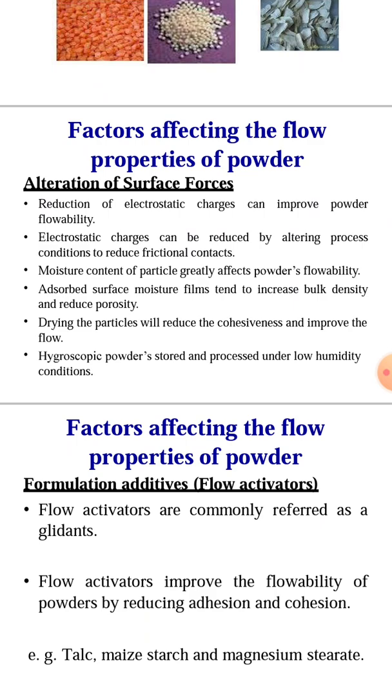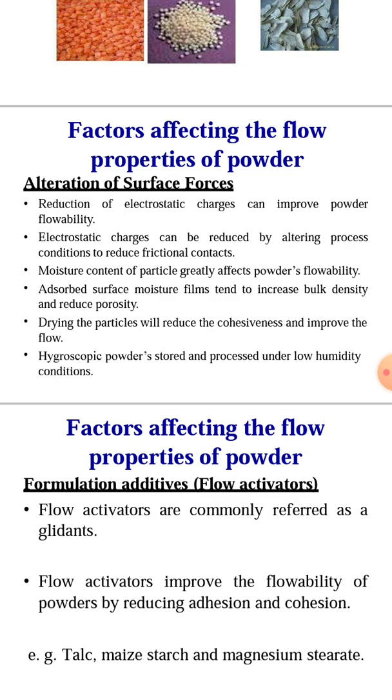Adsorbed surface moisture films tend to increase bulk density and reduce porosity. So you have to properly dry the powder before going for dosage form design. Drying the particles reduces cohesion and improves the flowability of powders. Hygroscopic powders should be stored and processed under low humidity conditions.